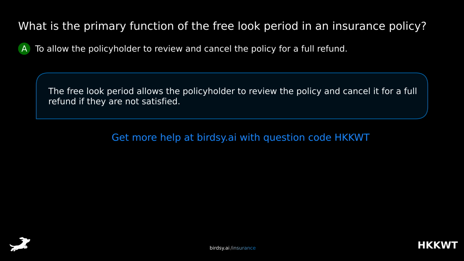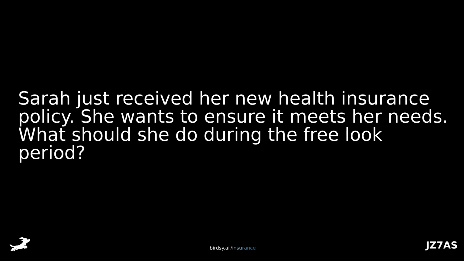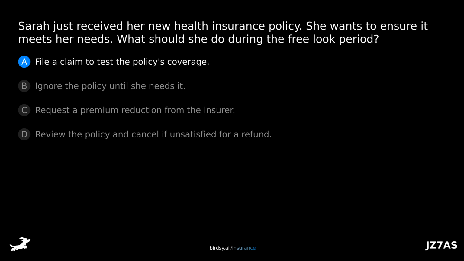Sarah just received her new health insurance policy. She wants to ensure it meets her needs. What should she do during the free look period? Is it A, file a claim to test the policy's coverage? B, ignore the policy until she needs it? C, request a premium reduction from the insurer?